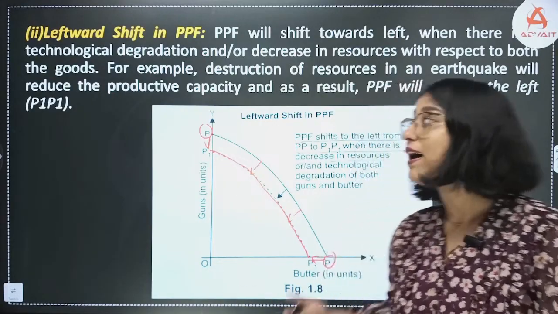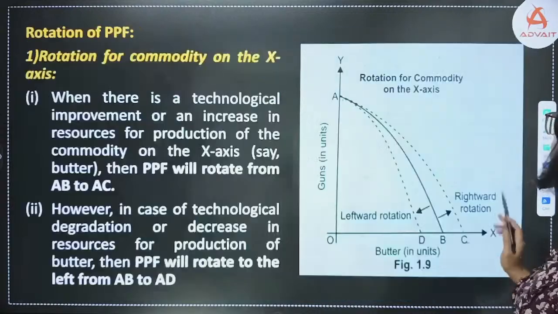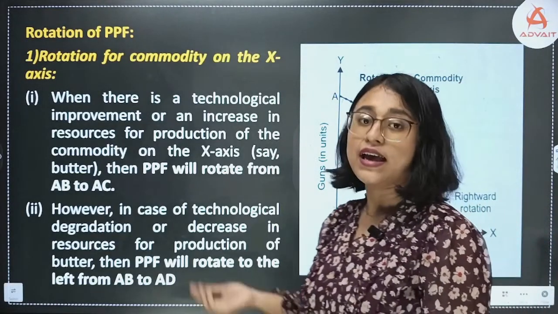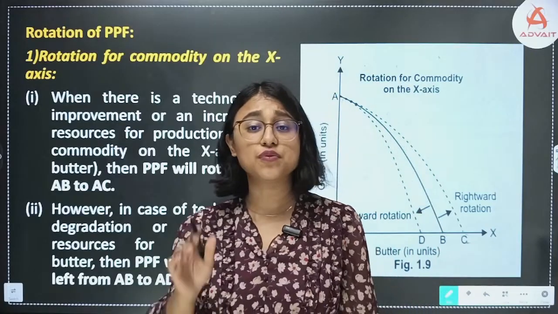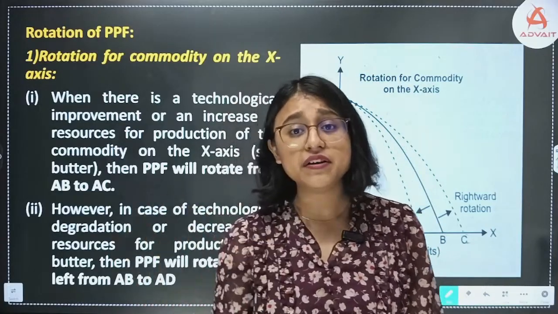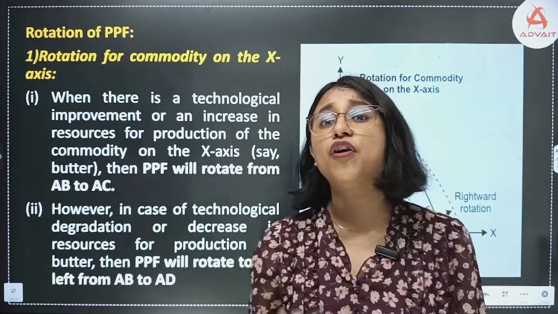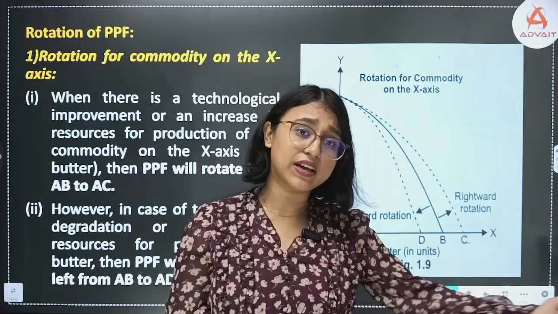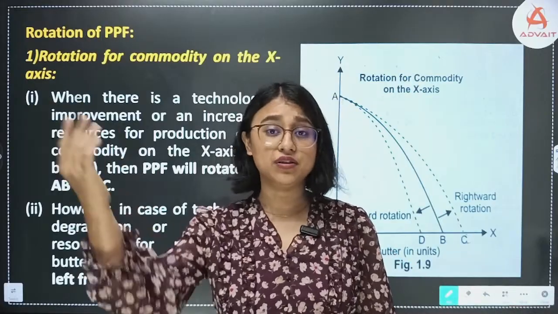On the other hand, when will the rotation of PPF take place? PPF will rotate accordingly if there is only increase or decrease in productive capacity with respect to one good. The good either we are taking on the x-axis or the good we are taking on the y-axis.